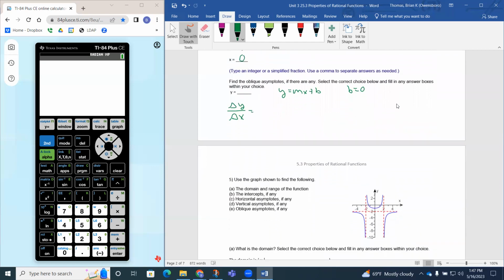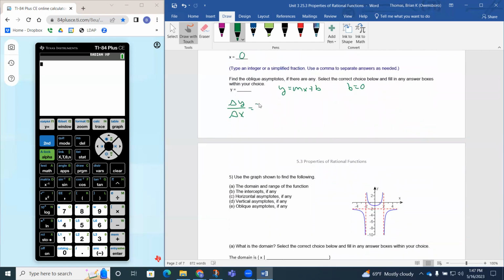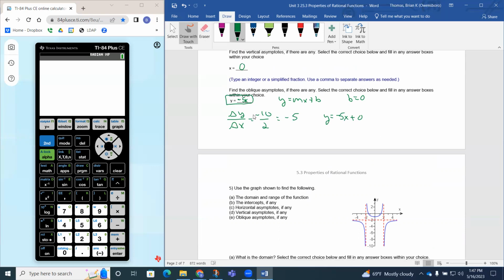So the slope is -10 to 2. That's how you move from point to point, which simplifies down to -5. So your equation is going to be y equals -5x plus 0, or simply y equals -5x. So again, the plus 0 is dropped. So our equation of our line is just going to be y equals -5x.